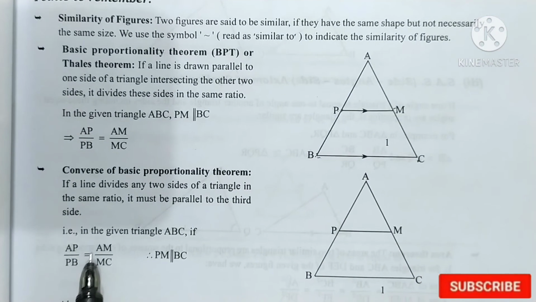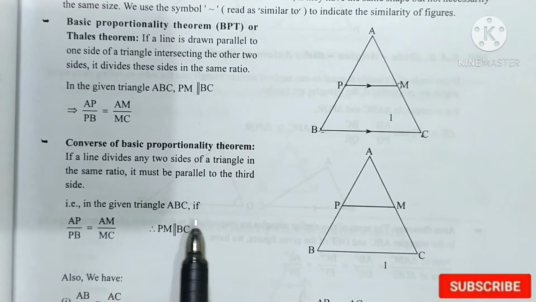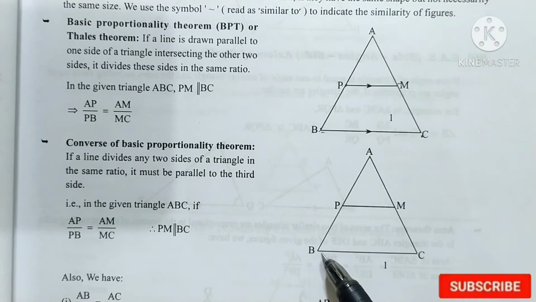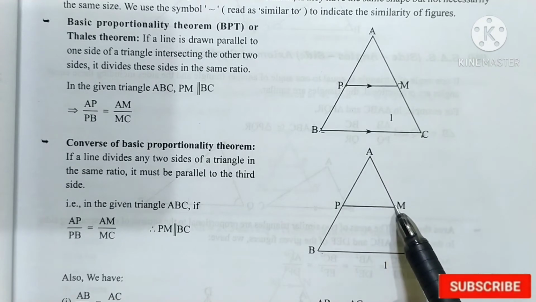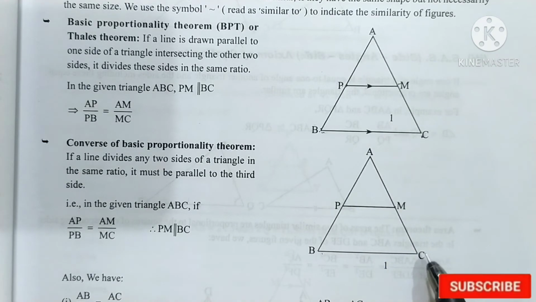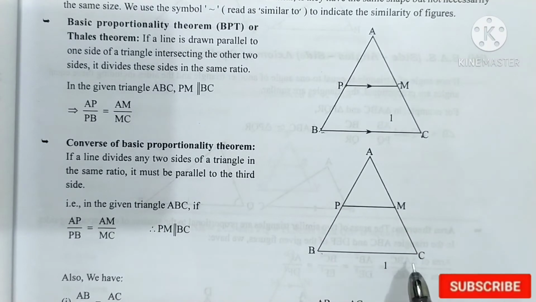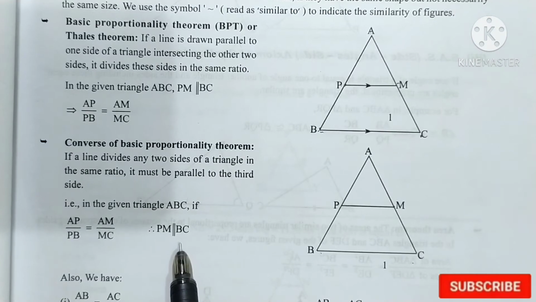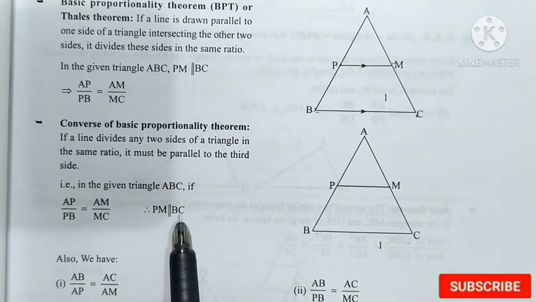So in the given triangle ABC, if AP divided by PB is equal to AM divided by MC, therefore PM is parallel to BC. So this is the converse of basic proportionality theorem.